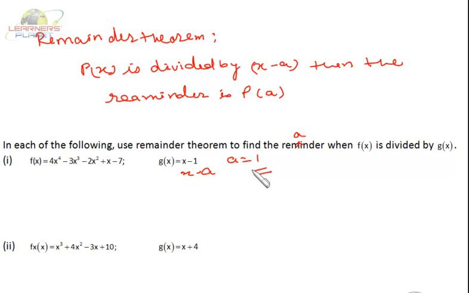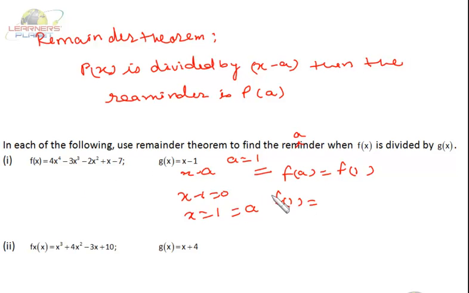There are two methods, and in the previous session we have already discussed the other method. You just equate x minus 1 to 0, so whatever value of x you get is the value of a. So we have to calculate f(a), that is f(1).